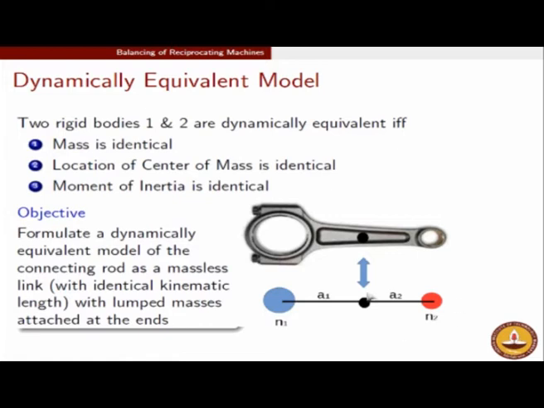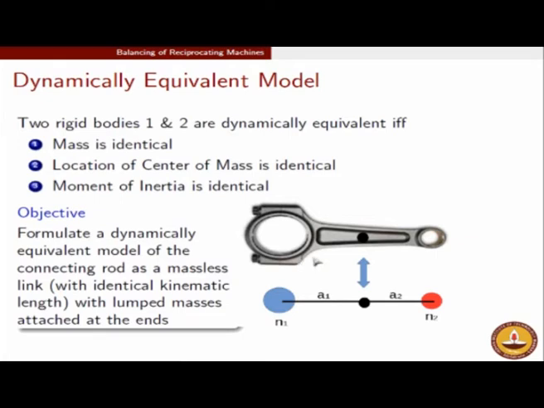So, this is a simplified representation comprising a massless rod with two lumped masses at the ends. We want this to be dynamically equivalent to the actual connecting rod.